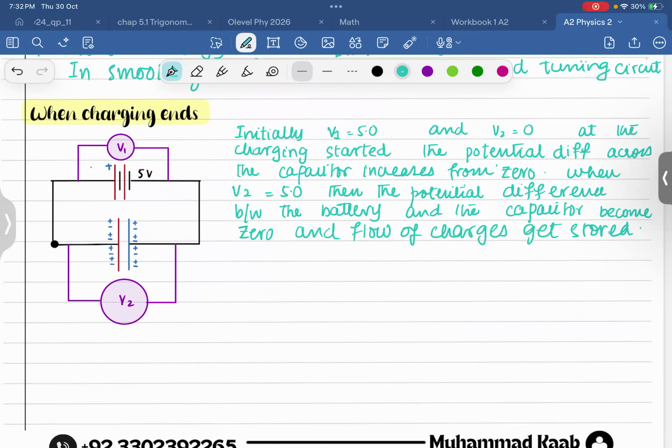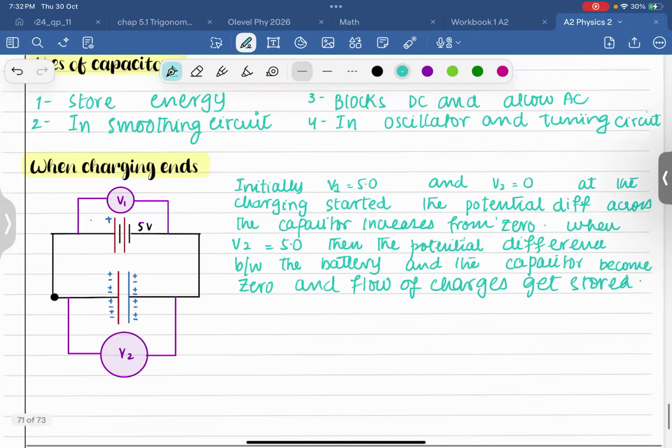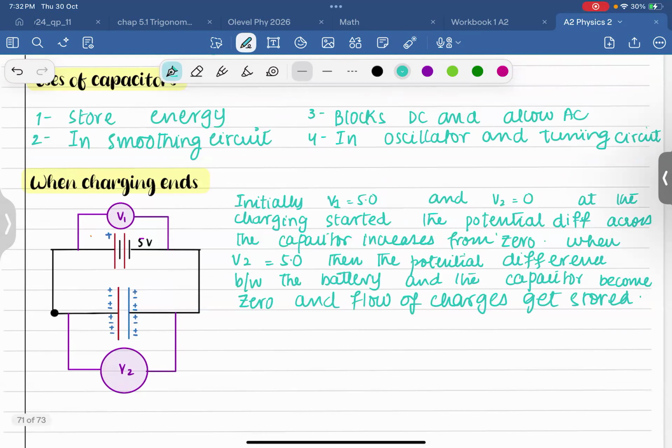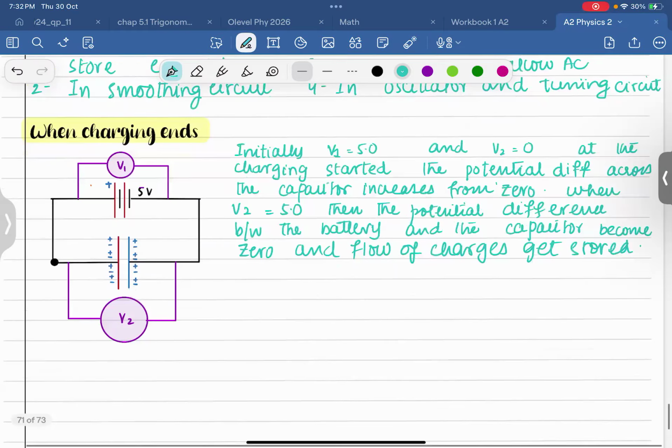Right? This is a simple concept, that the flow of charge will get stopped as the charging process continues. And when the flow of charges gets stopped, then the charging process will ultimately get stopped as well.